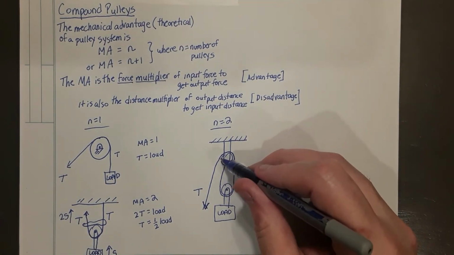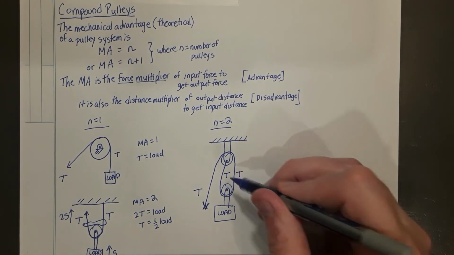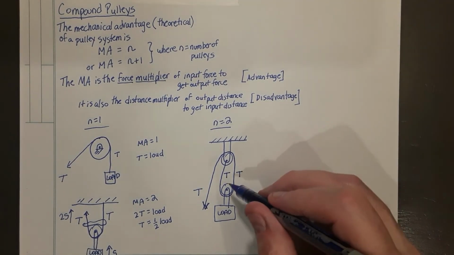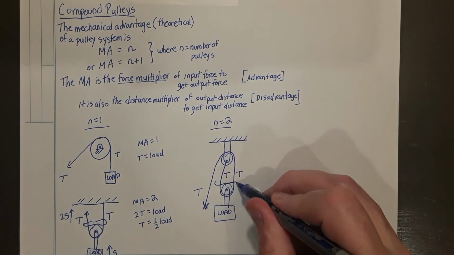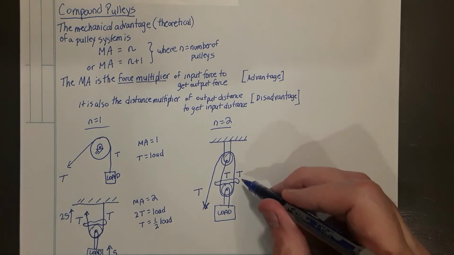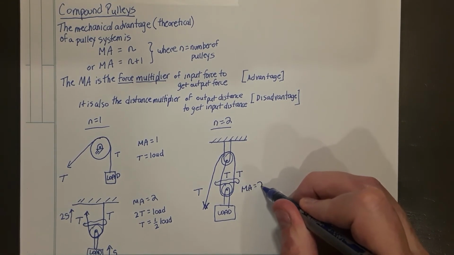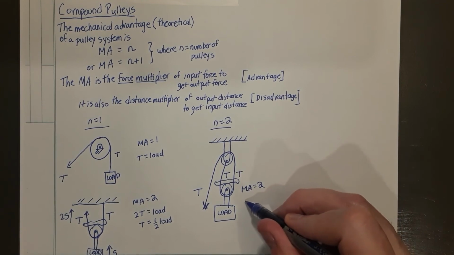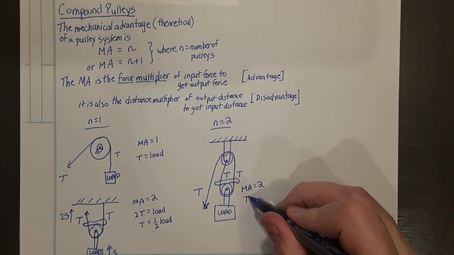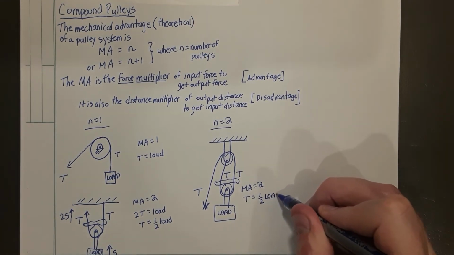But if you follow this cable around, the cable tension is the same everywhere if we neglect the mass of the pulley, and you literally just have to count. How many cables pull up on the load? Here, it's 2 to 1. So we get here a mechanical advantage with 2 pulleys of 2 to 1. That means that the input tension is only going to have to be 1/2 of the actual load.